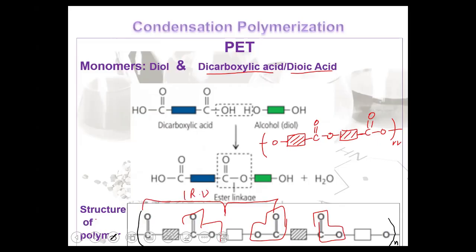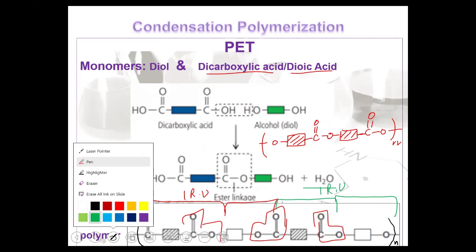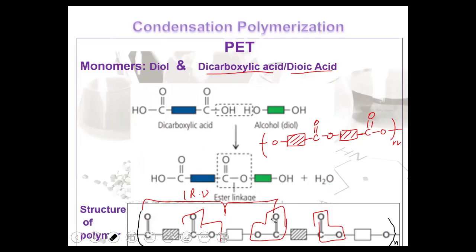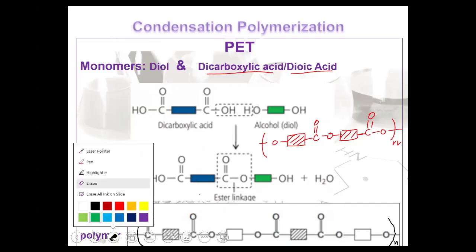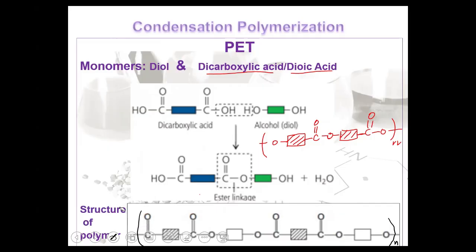And then for the second repeat unit, one dioic and one diol will make the second repeat unit. So two repeat units will be made out of four monomers, whereas in a molecule where you have the same monomer repeated, you don't need four monomers. You can have two repeat units of the same monomer because this is repeated every time.